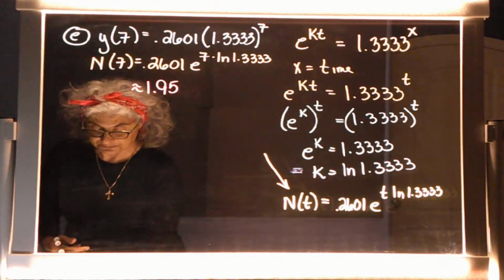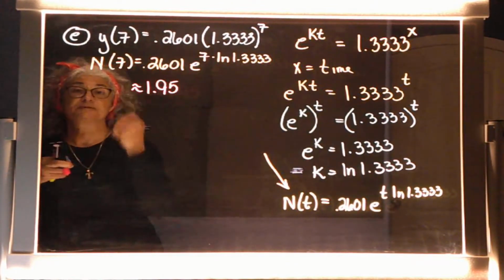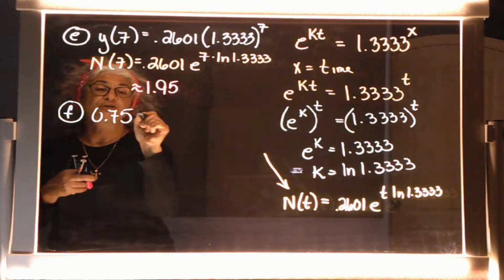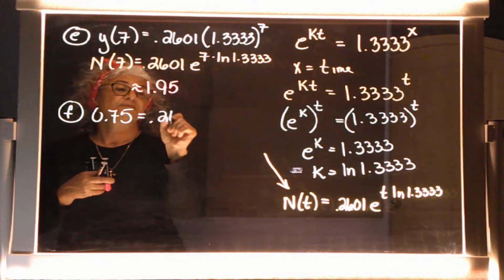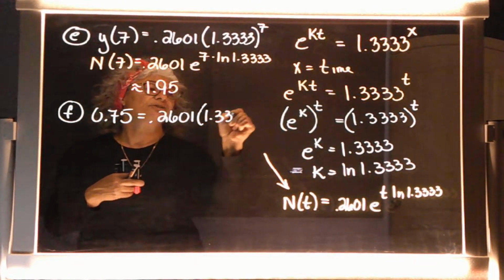So, this is part F, and they want to know when, so I could set up this problem. I could set it up using the one the calculator gave me.